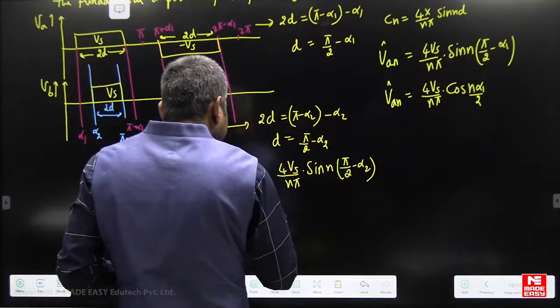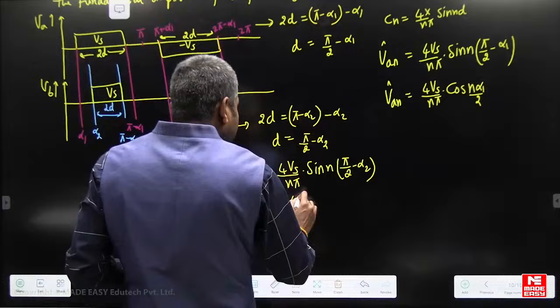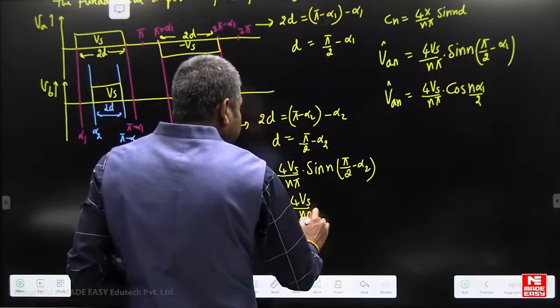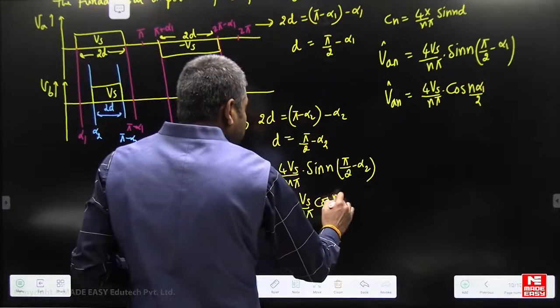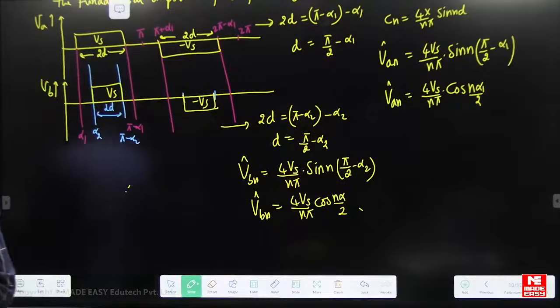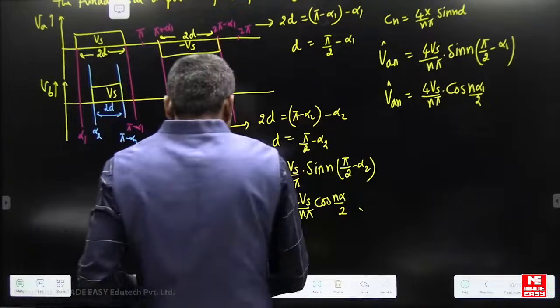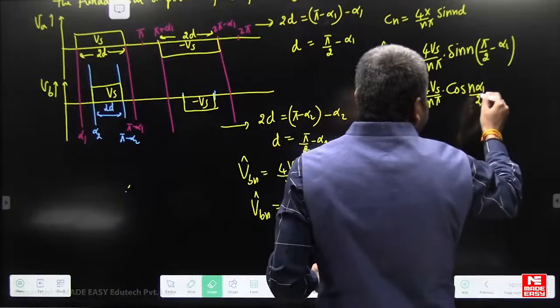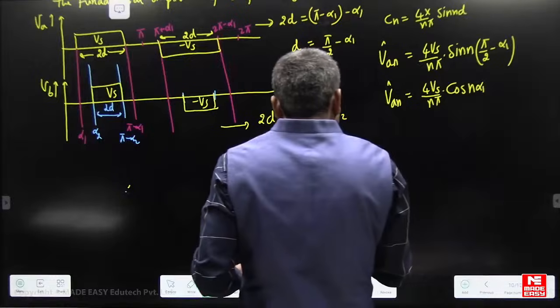So, VBN amplitude is 4Vs by n pi cos of n alpha 2. Small correction: for n alpha 1, you will not get this by 2.